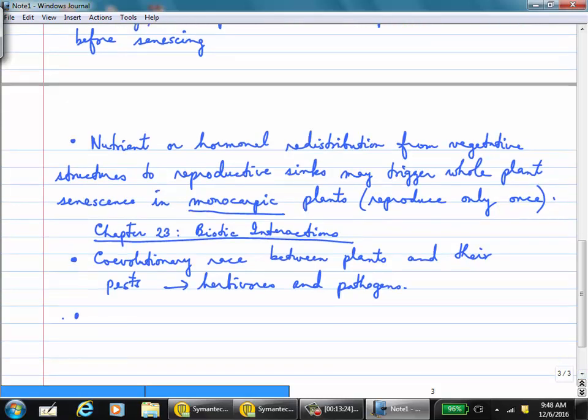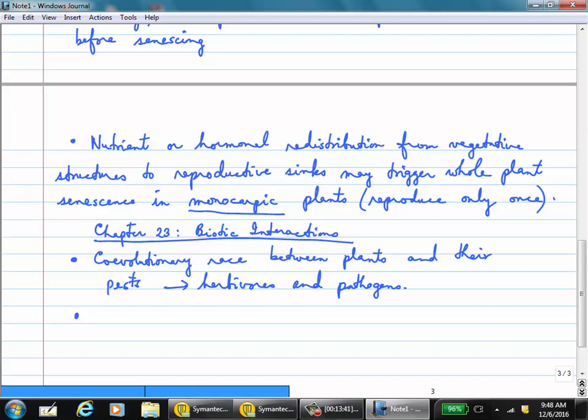Now, not all interaction between plants and other organisms is bad. We have seen the example of nitrogen-fixing bacteria, where there is a symbiotic relationship between the bacterium and the plant. The bacterium is providing the plant with what? Nitrogen. While the plant is providing the bacteria with sugars.